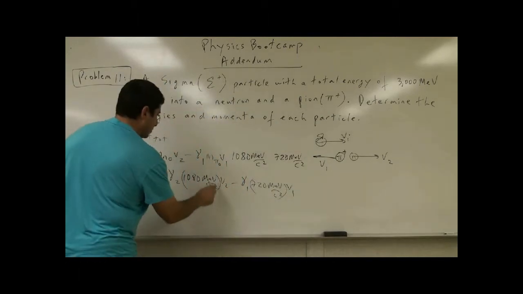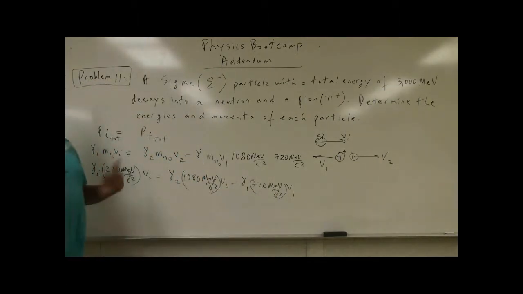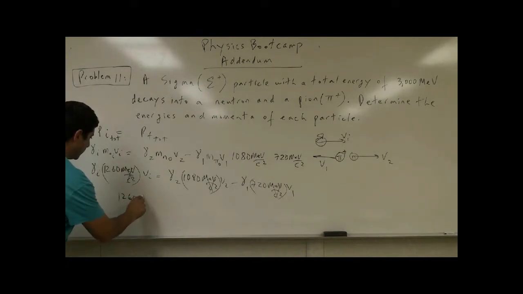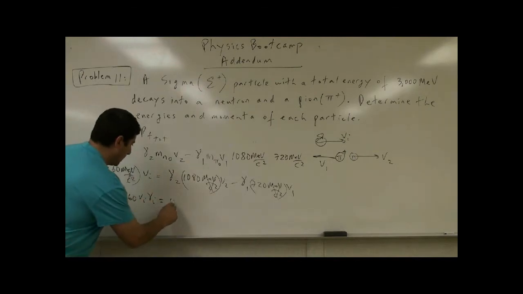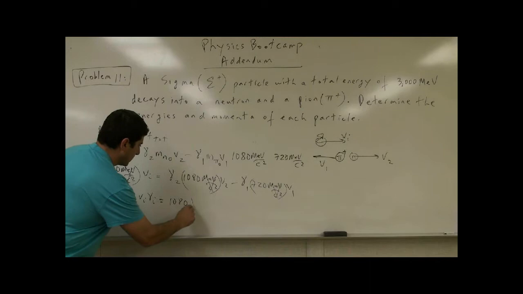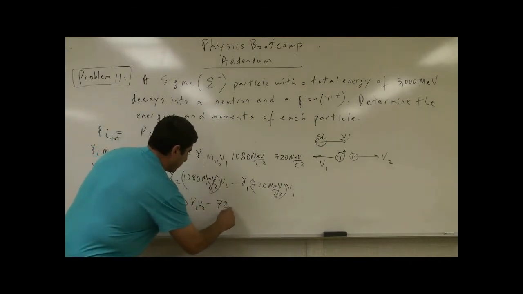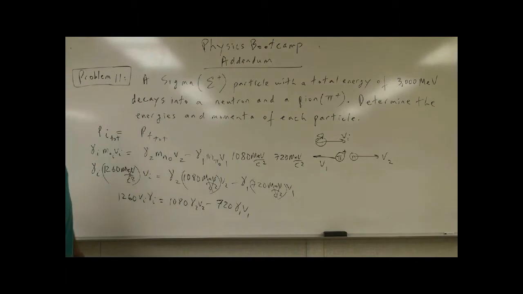Now notice mega electron volts over c squared cancels, so we don't need to put what c squared is. Everything cancels, and we end up with this equation: 1260 gamma initial v initial equals 1080 gamma 2 v2 minus 720 gamma 1 v1. For now, let's keep that like that.